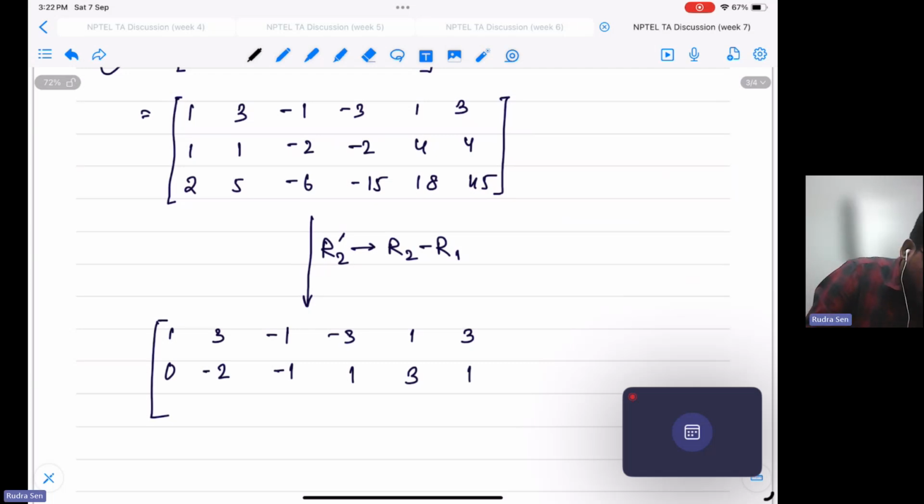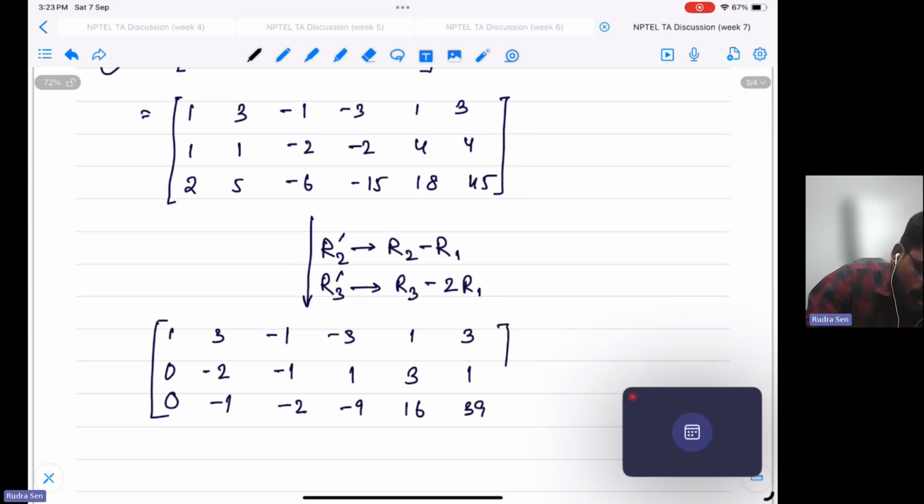Okay, another thing we can do, let's do R3 equal to R3 minus 2 R1. So 0, this is -1. Then this is -2, this is -9, this is 16, this is 39.